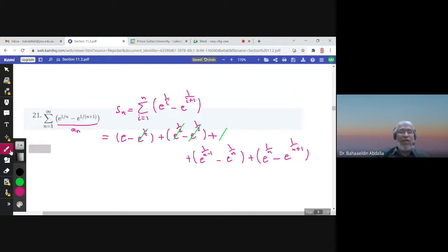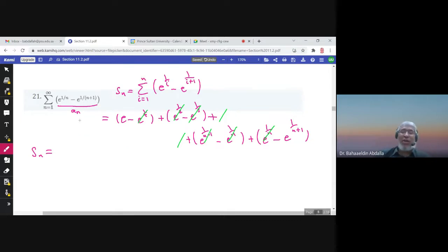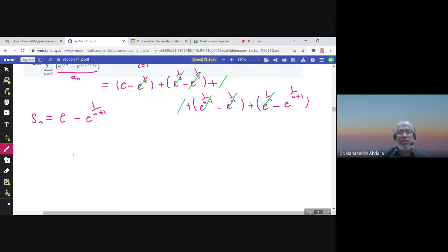You can see that immediately this second term is cancelled, and so on. And Sn will consist of 2 terms, as we said, because the difference between n and n plus 1 is 1 number. So the first term is e, and the last is e to the power 1 over n plus 1. So this is Sn.